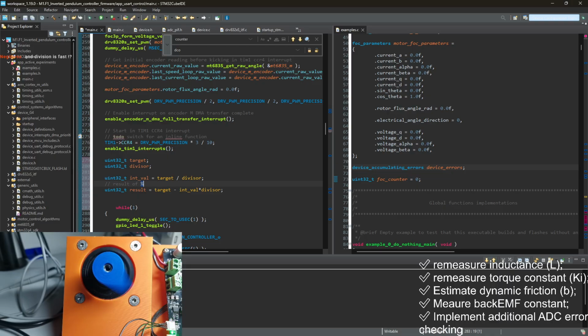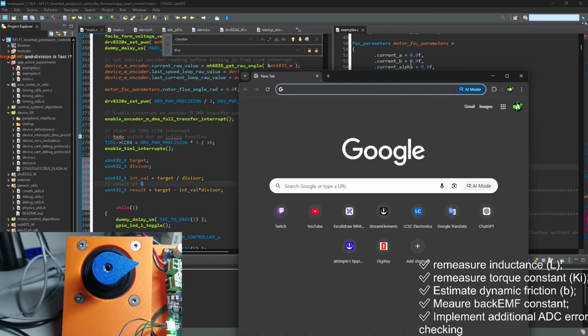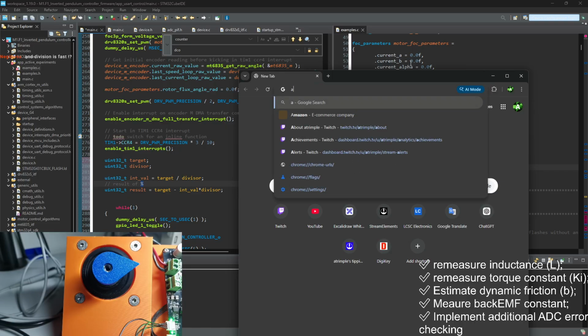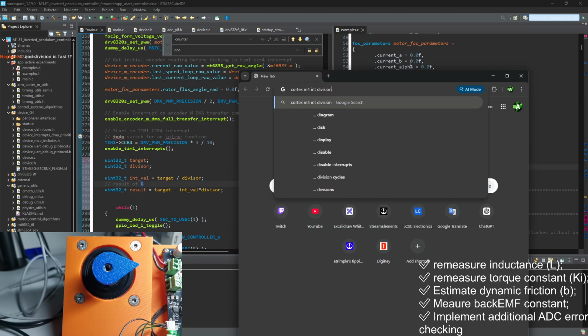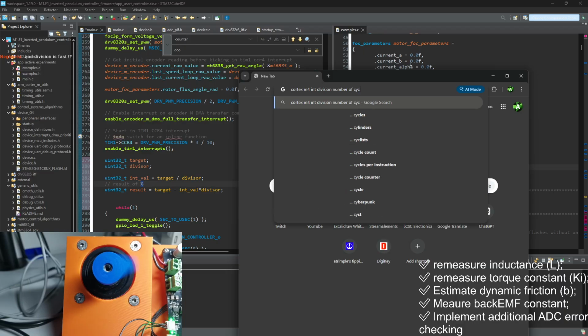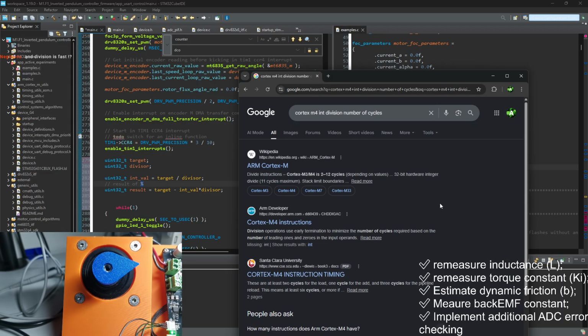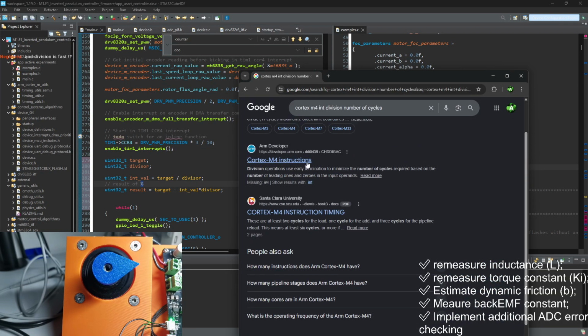Actually, that's an interesting question. Cortex M4 int division number of cycles. Actually, 2 to 12. Maybe it's not super fast. 2 to 12.